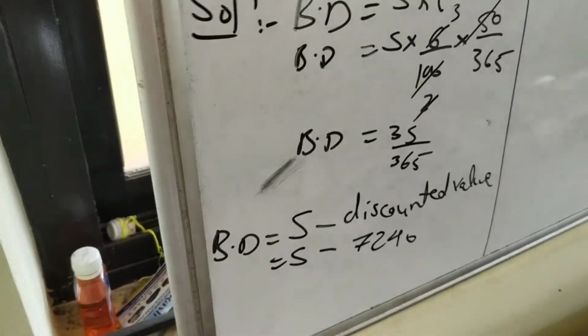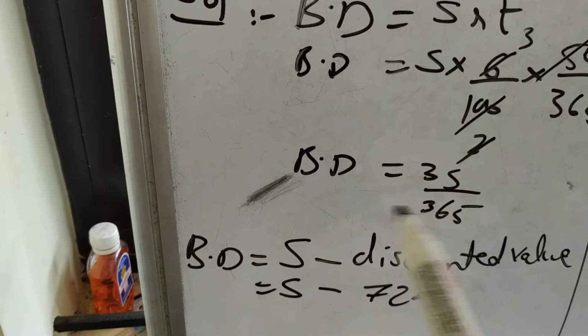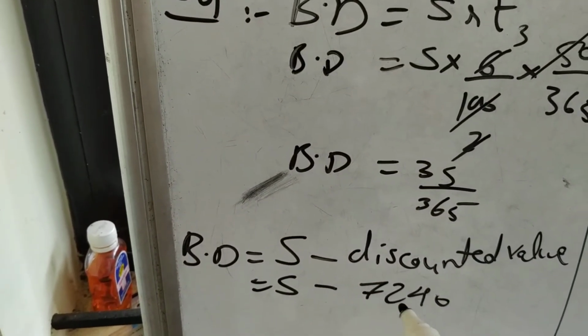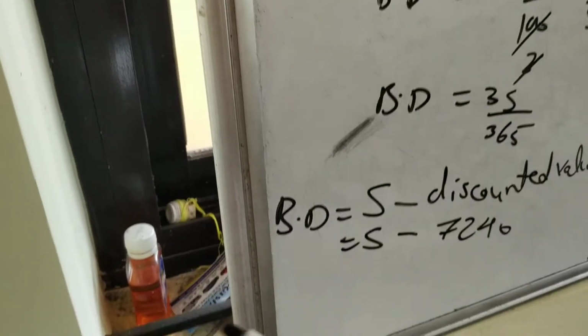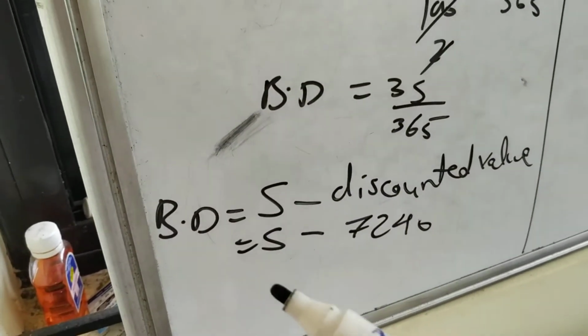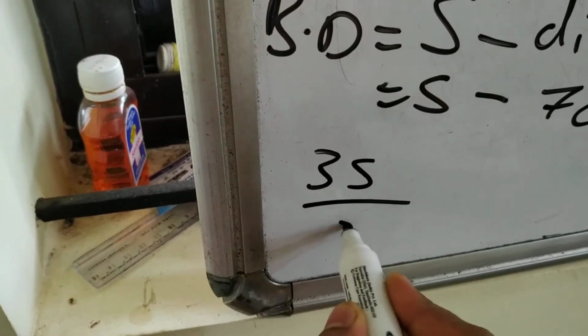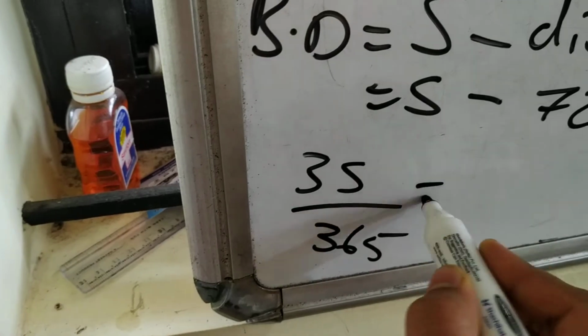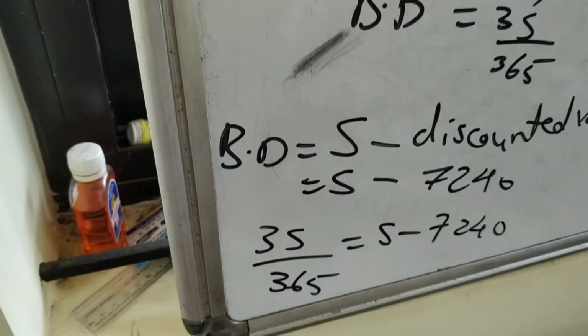Okay, and here we got BD as 3S upon 365, and here we got BD as S minus 7240. So let us equate both the equations, and we get 3S upon 365 is equals to S minus 7240.